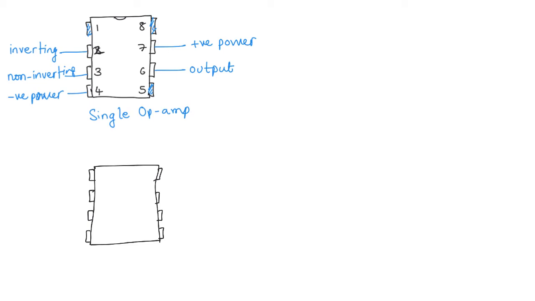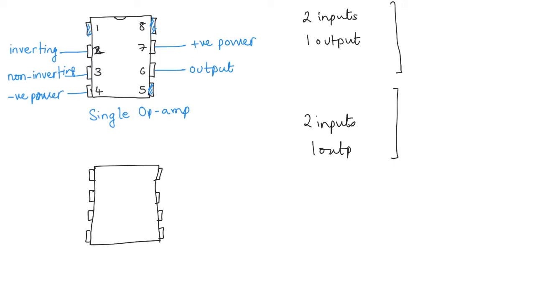So the first op amp will have two inputs, one output. Okay, so that's the first op amp. And the second op amp also has two inputs and one output. Okay, so that's the second op amp, and that's the first op amp.